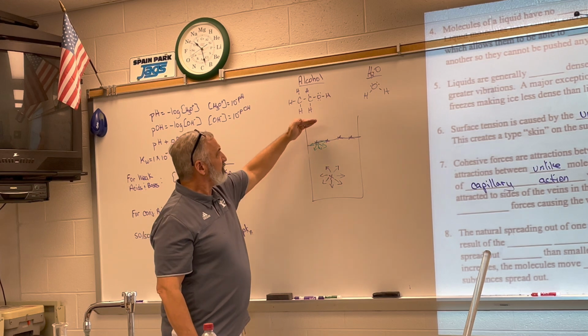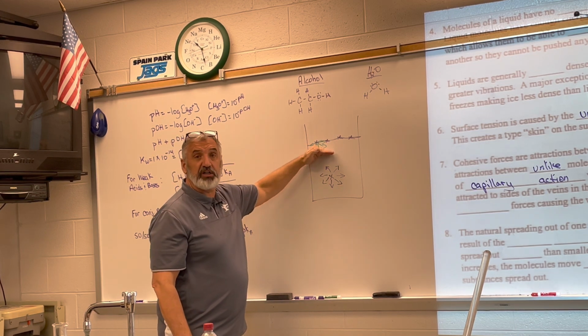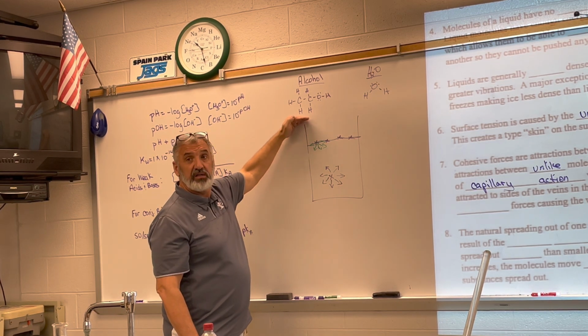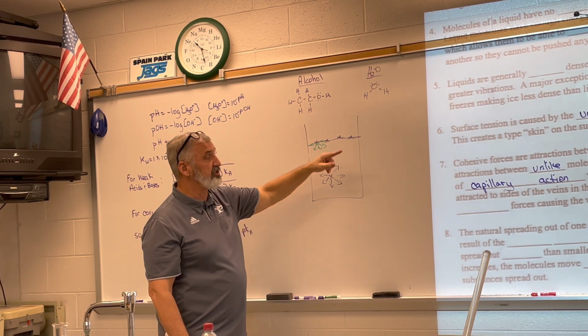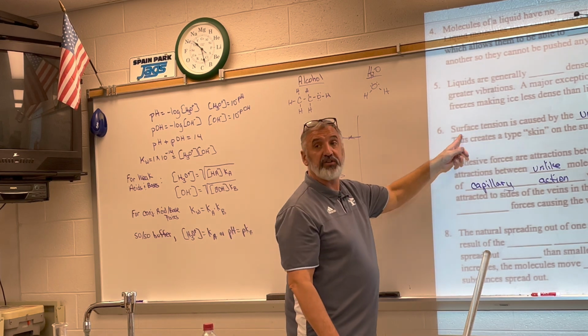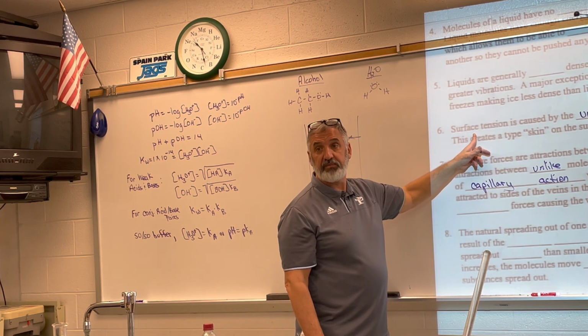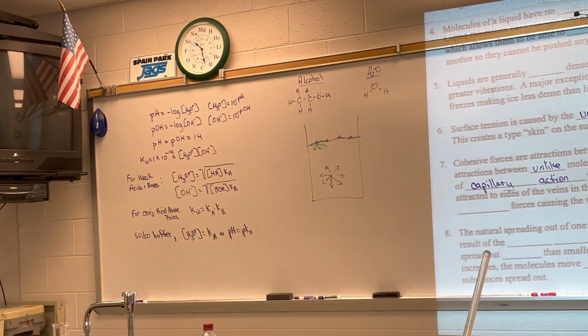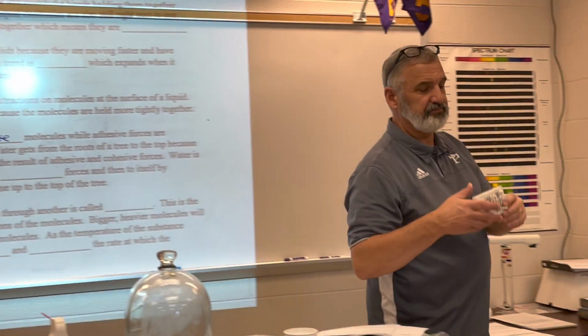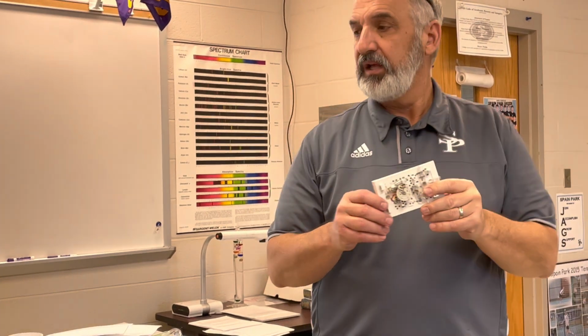So the strength of the surface tension is dependent upon the strength of the attractive forces. The stronger the attractive forces, the greater the surface tension. So here's some mercury.